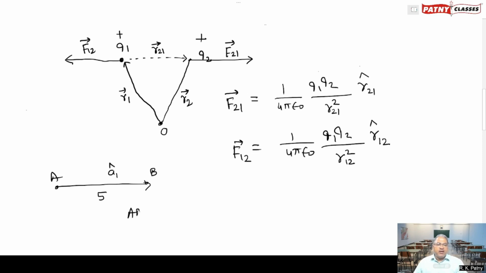Then vector AB is equal to 5 into the unit vector. If I just multiply the magnitude and the unit vector, we get the total vector. So this is the fundamental concept. So here we had F12 and F21. By using this idea, now we can go for the expression for the principle of superposition of the charges.